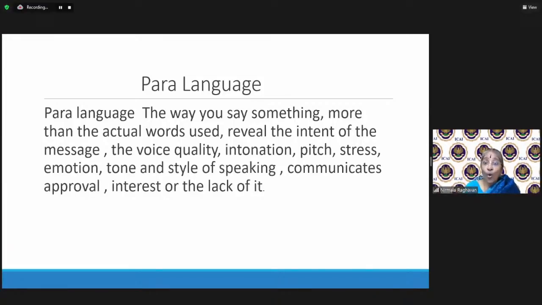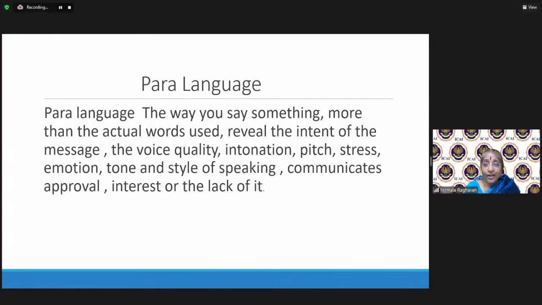When I say "oh!" then it's with surprise. It's a pleasant thing. But when I say "oh," so that's intonation, the rise and fall of the voice. Pitch is again the loudness. When I say "oh!" then it's a pleasant thing, that I'm surprised, I'm happy. But when I say it in a very, very low pitch, "oh, okay," you know what it means.